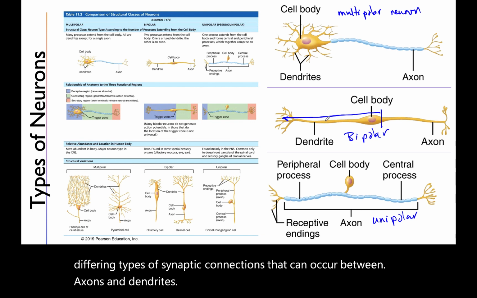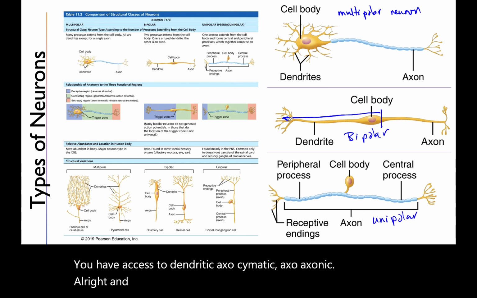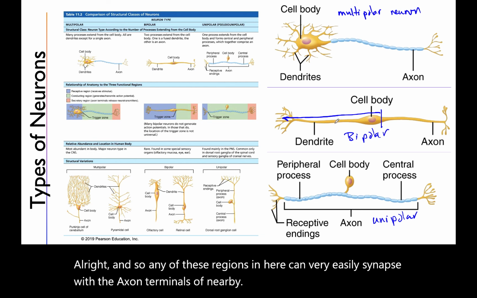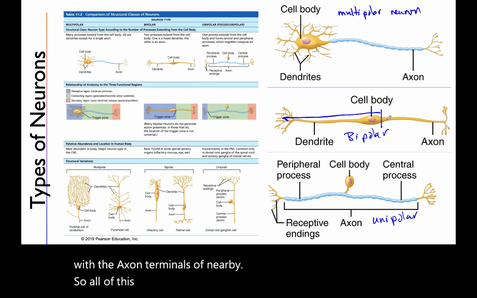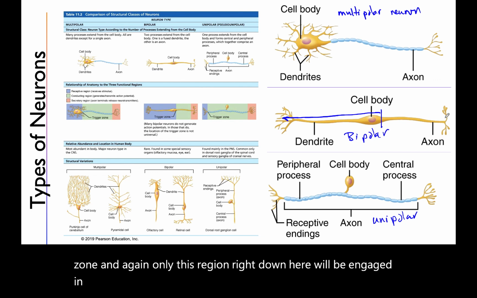You have axodendritic, axosomatic, axoaxonic. And so any of these regions in here can very easily synapse with the axon terminals of nearby neurons. So all of this is the trigger zone. This then becomes the conducting zone. And again, only this region right down here will be engaged in the release of neurotransmitters.